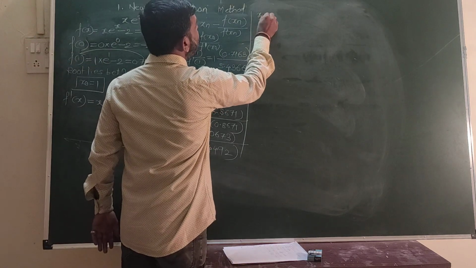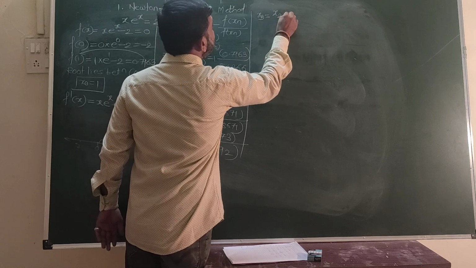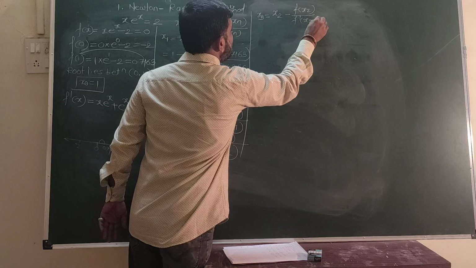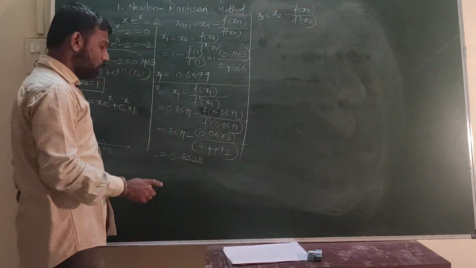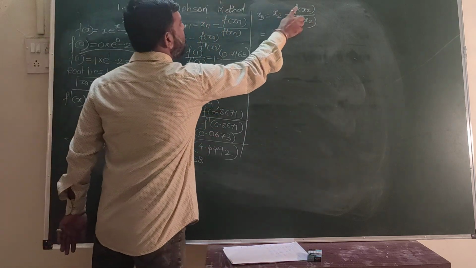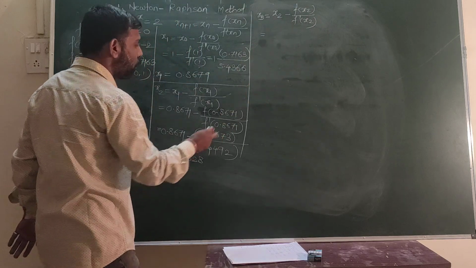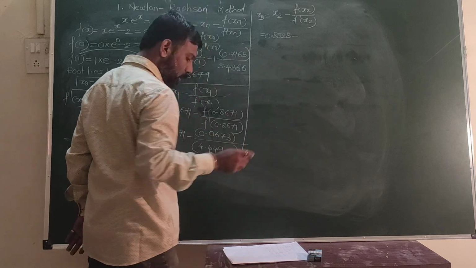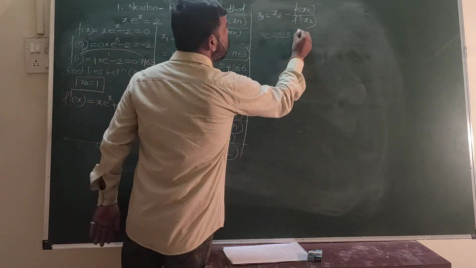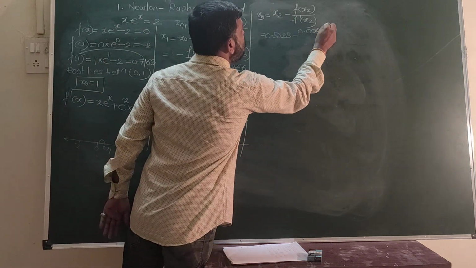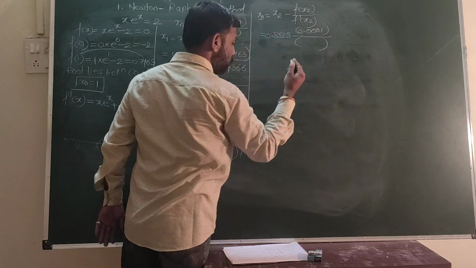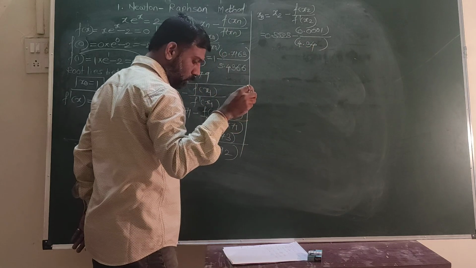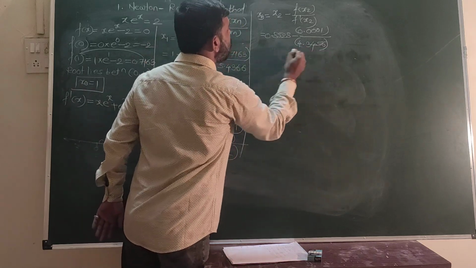Continue like this for the third one. The x2 value we have substituted here, and after that we got 0.8528 minus 0.0001 upon, in the bracket, again the denominator 3.456.